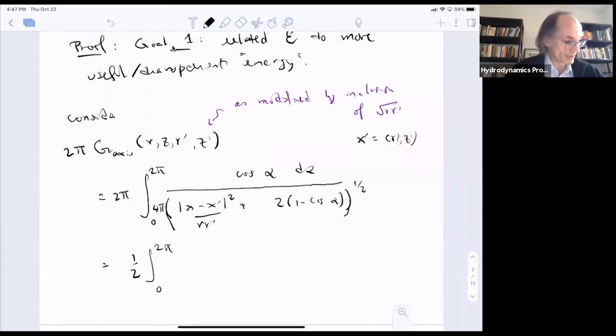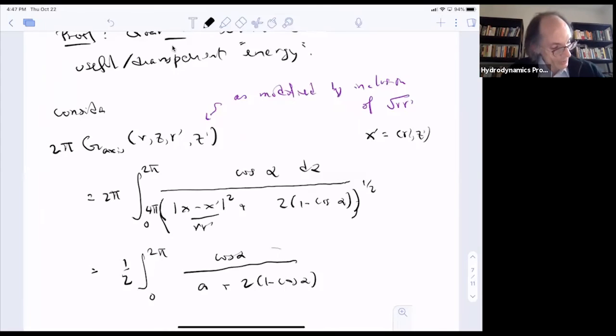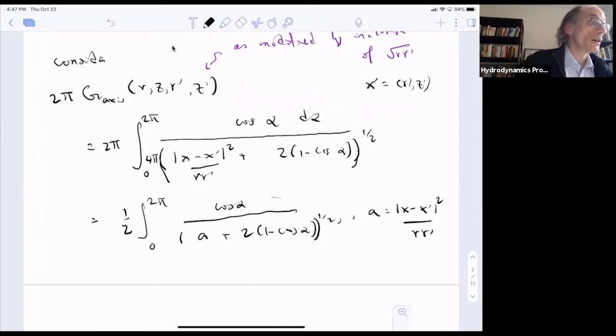And I'll call this cos alpha over, say, a plus 2, 1 minus cos alpha to the 1/2, where a is this.